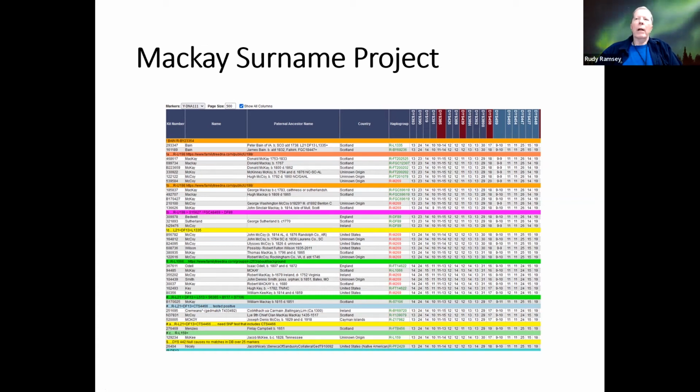This grouping is not automatic. It's done by the moderators, is the wrong word, but anyway, the folks who manage the particular projects. This is the McKay surname project. It's on FTDNA, but it's a separate project, and there are hundreds of these. Some are surname, some location, some special interest.